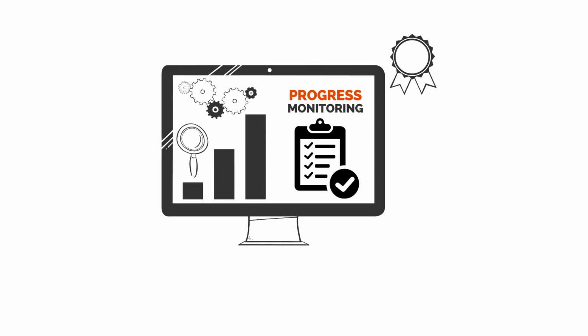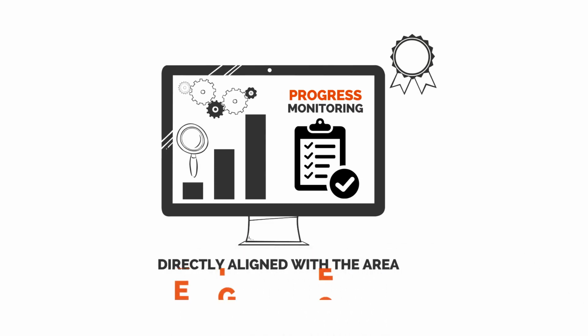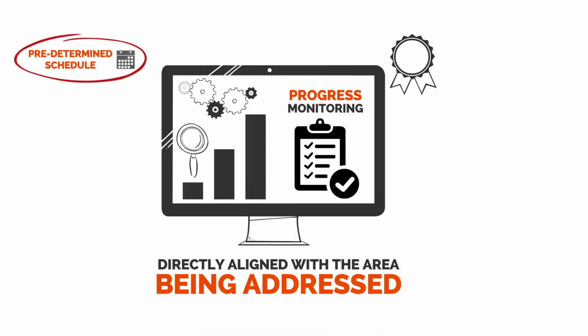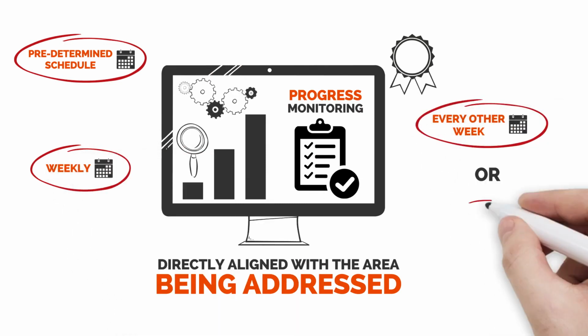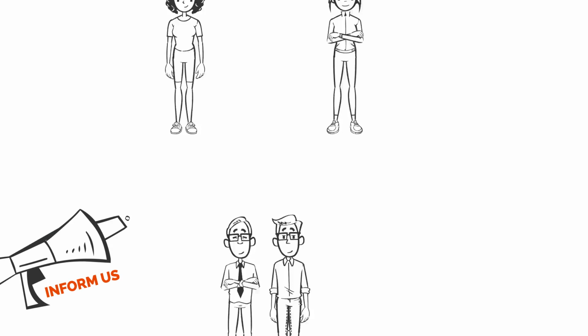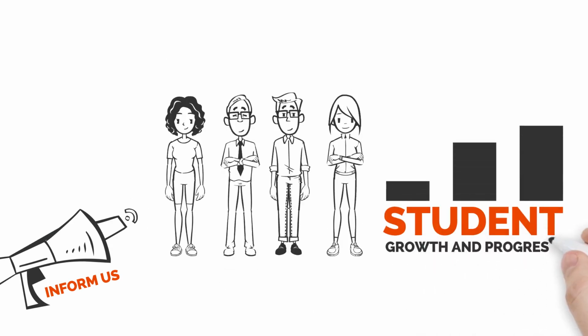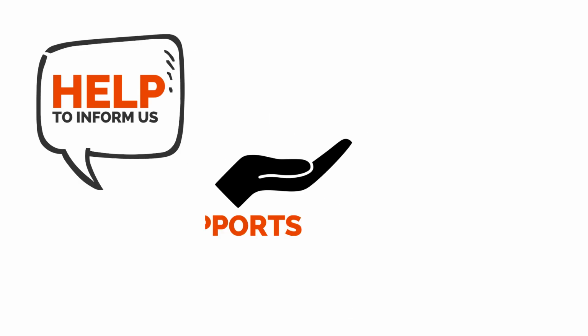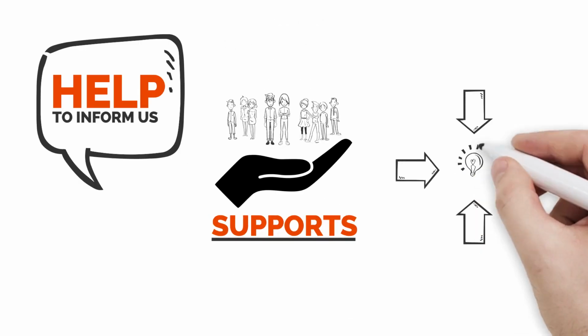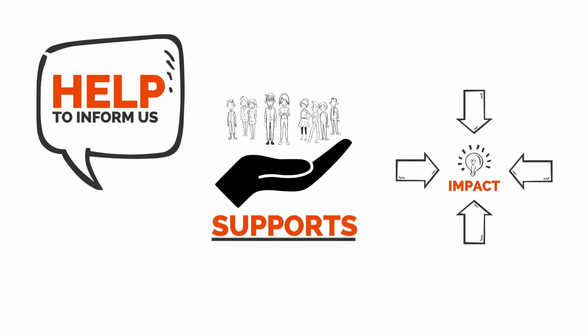Once those specific areas are targeted, progress monitoring assessments are established that are directly aligned with the area being addressed and happen on a predetermined schedule, whether weekly, every other week, or monthly, to inform us of continued student growth and progress. They also help to inform us if the supports we are putting in place for students are having an impact.